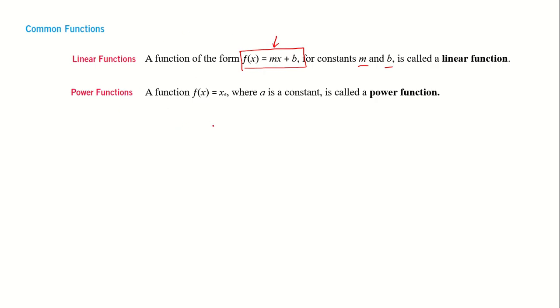And the power function. Here f of x equals x to the power a, where a is a constant. It's called a power function. Under the power function, quadratic function is also a power function. We can basically separate quadratic and cubic into other categories.